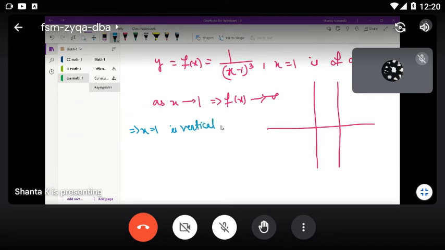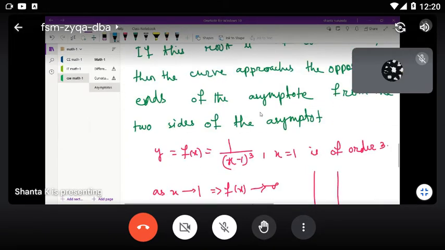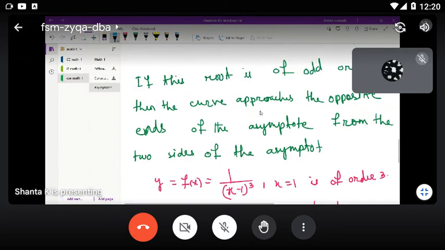Now if you draw this graph, it is of odd order, and what we are saying is this 1 is a root of order 3 of x minus 1. Odd order, the curve approaches opposite ends of the asymptote from the two sides of the asymptote.